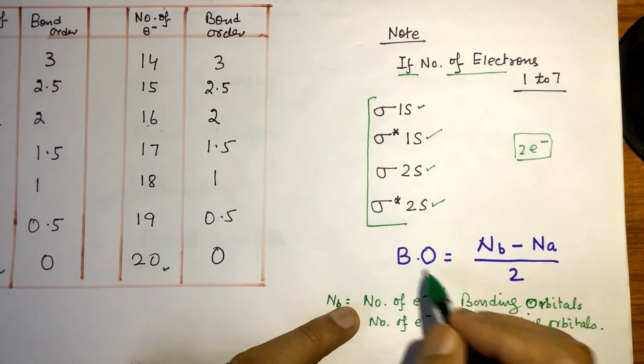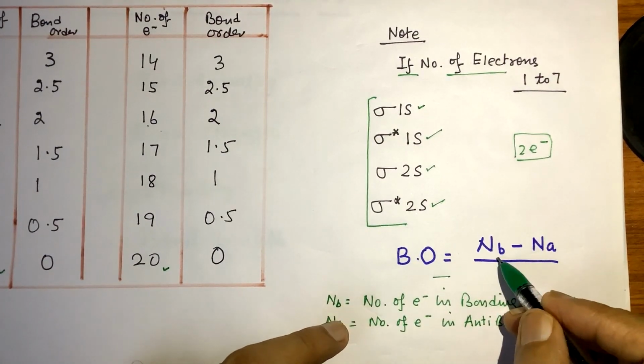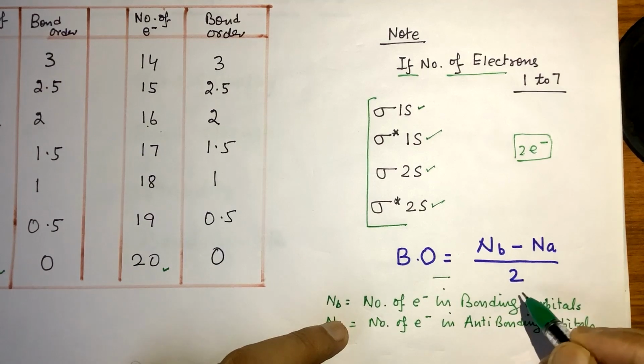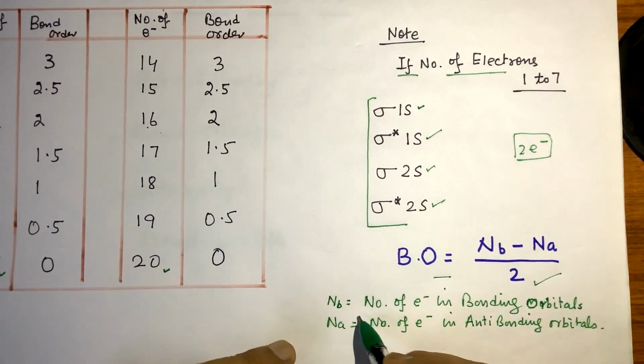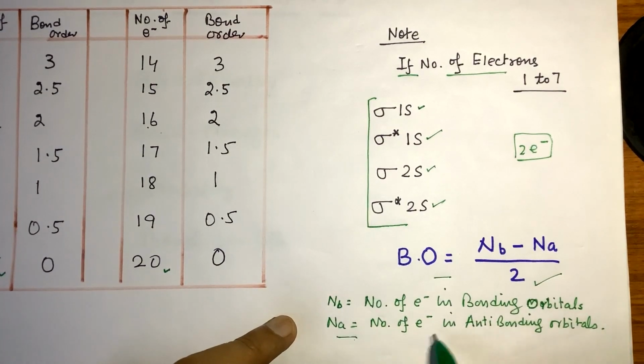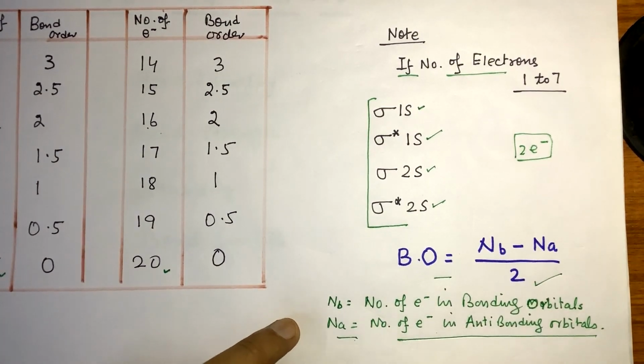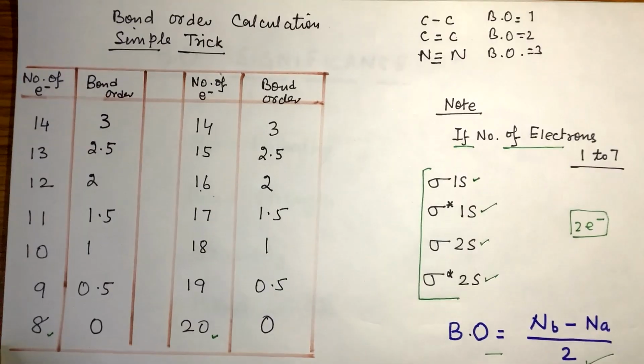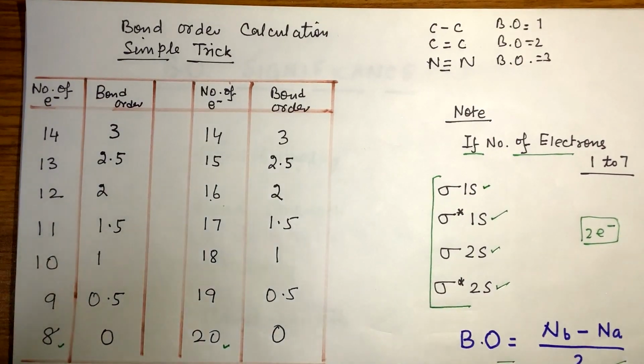Then we calculate bond order by this formula, Nb minus Na divided by 2, where Nb is the number of electrons in bonding orbitals and Na is the number of electrons in anti-bonding orbitals. We shall calculate bond order in the later part of this video.